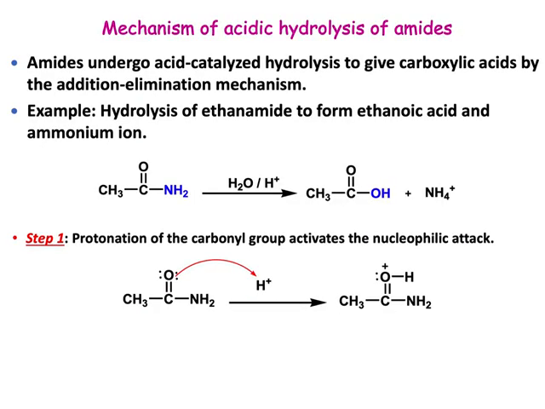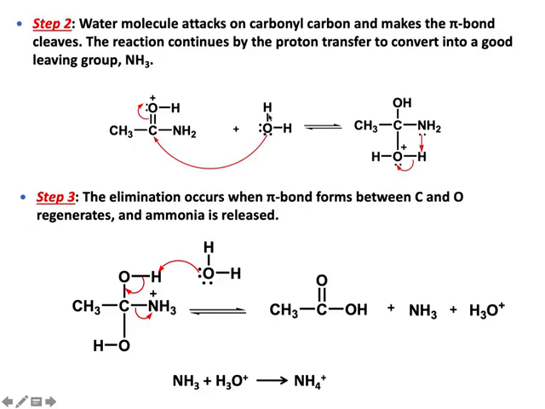Actually, the mechanism is the same as previously, the same as in the chapter on aldehyde and ketone about nucleophilic substitution, because this is the mechanism for acid catalyst, because the carbonyl is very weak as an electrophile and needs protonation. Once protonated, it becomes more electrophilic, so the nucleophile can attack this carbon to form this one.